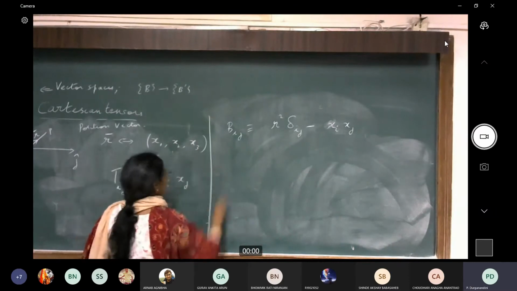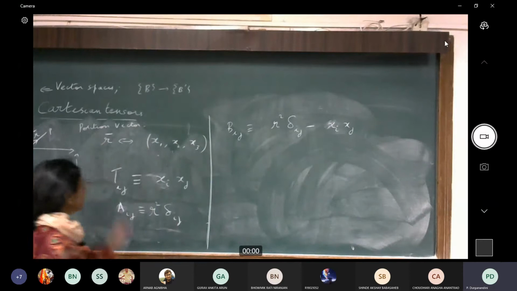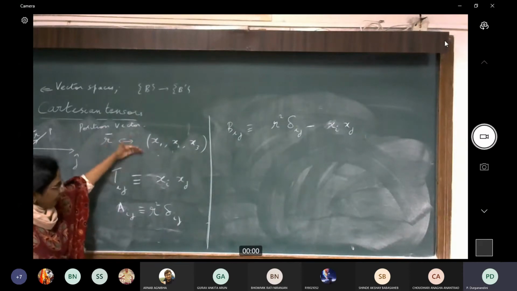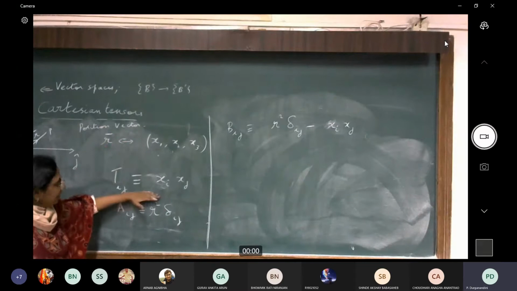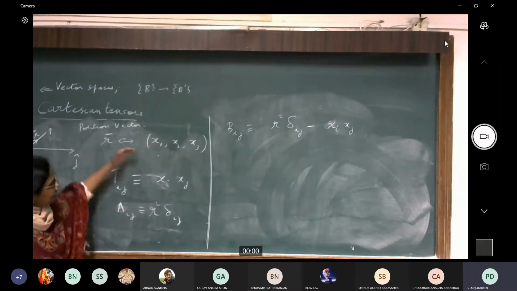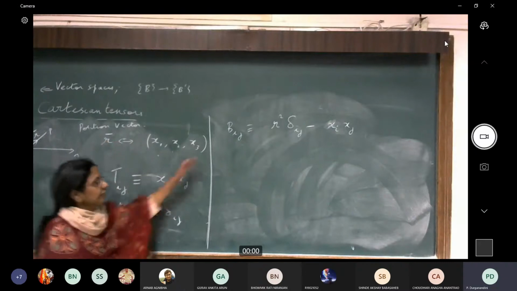We have more to deal with this later. You can see that I started here with vectors, or rank 1 tensors, then I constructed rank 2 tensors from that, and another rank 2 tensor with this r squared, a scalar times our isotropic tensor, and then I got this.